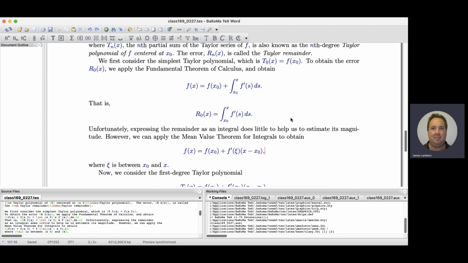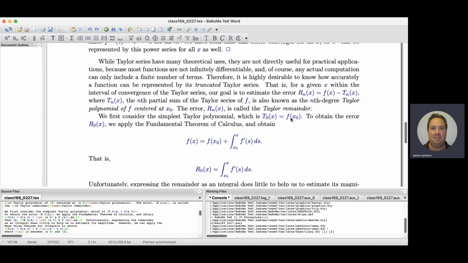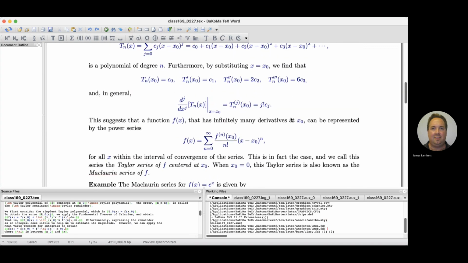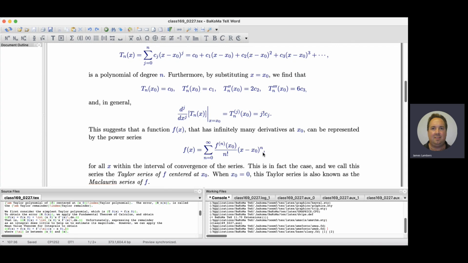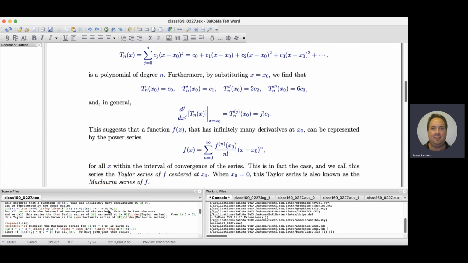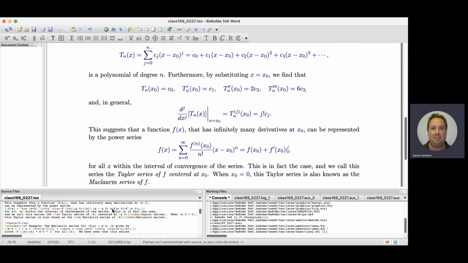Now I want to point out, if we go back a little bit, like if I write out the first few terms of this general Taylor series here. All right, so the first term is f of x naught. The second term is f prime of x naught, x minus x naught.